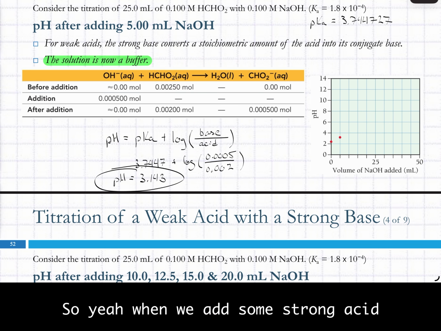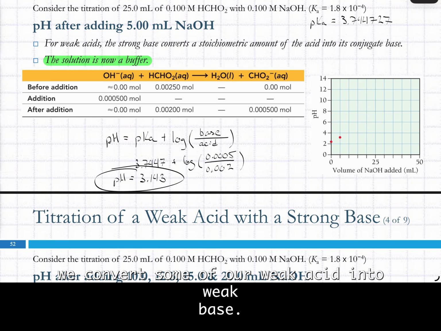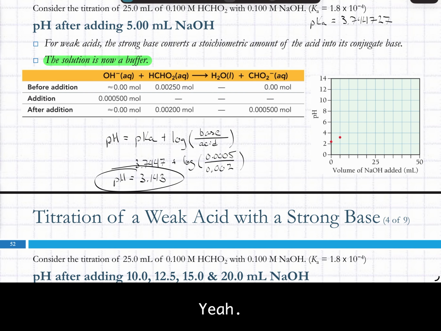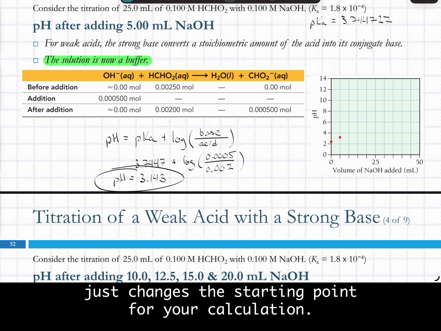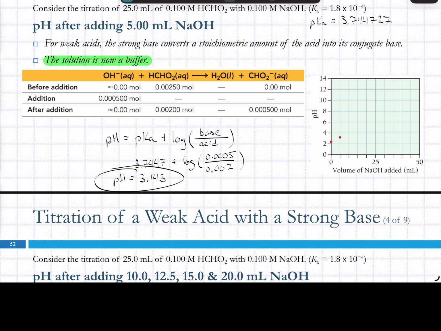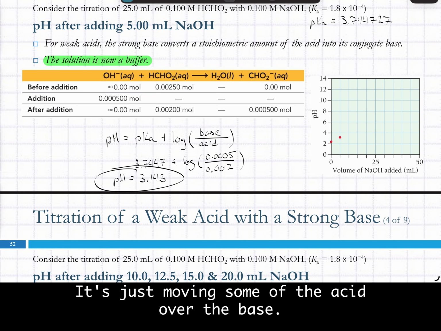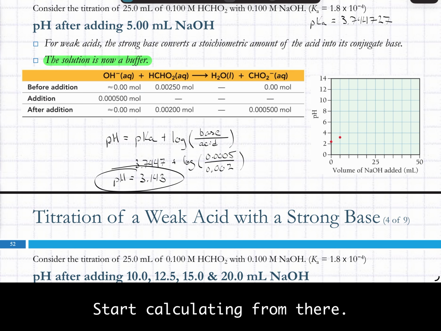So when we add some strong base, we convert some of our weak acid into weak base. You can think about this as adding strong base just changes the starting point for your calculation. It's just moving some of the acid over to base, start calculating from there.